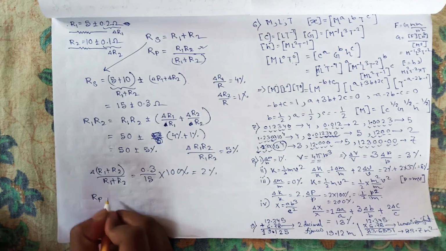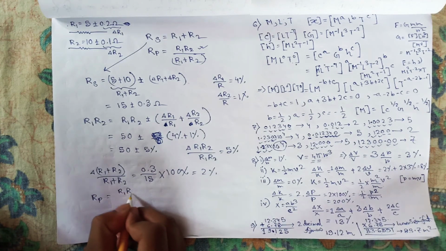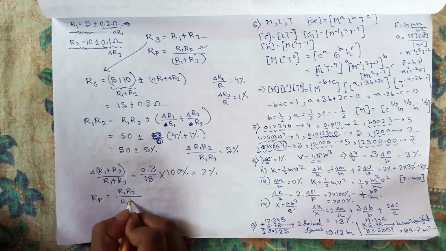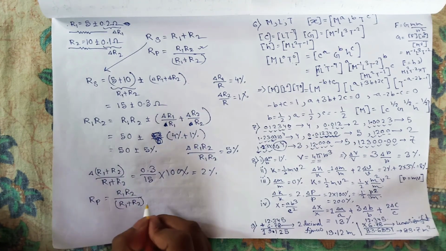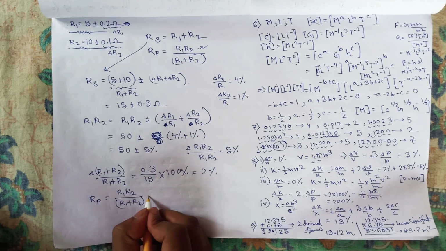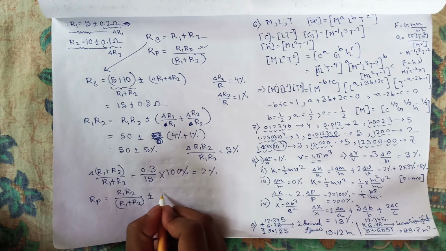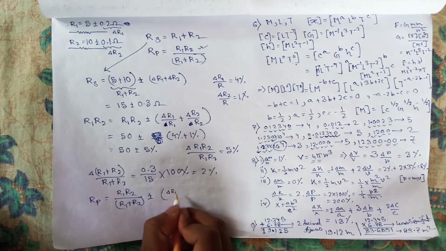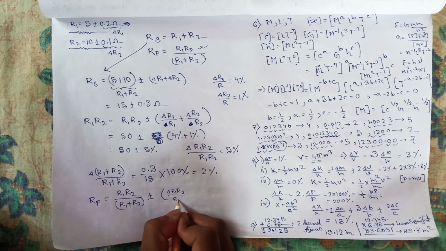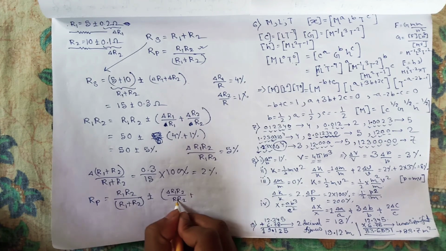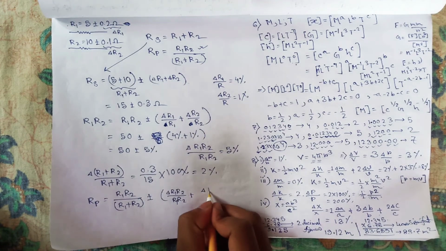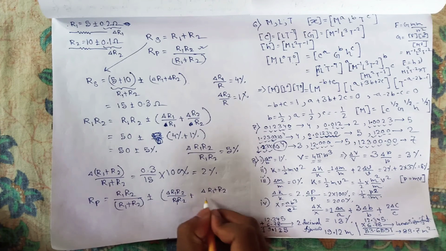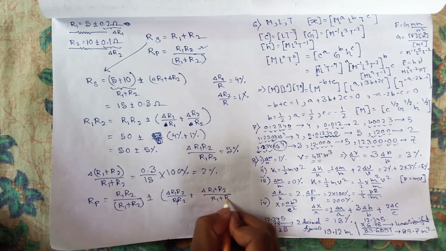So RP will be R1 R2 by R1 plus R2 plus minus, and the error will be del of R1 R2 by R1 R2 plus del of R1 plus R2 by R1 plus R2.